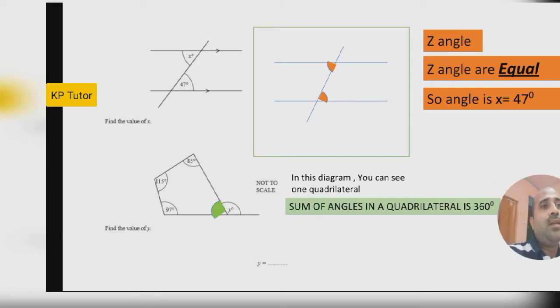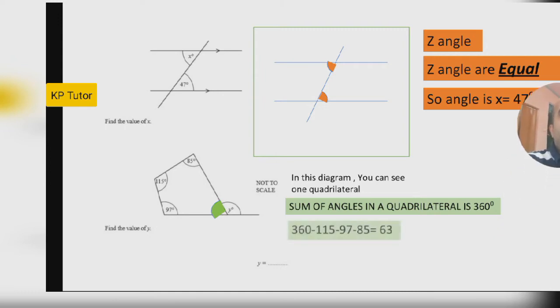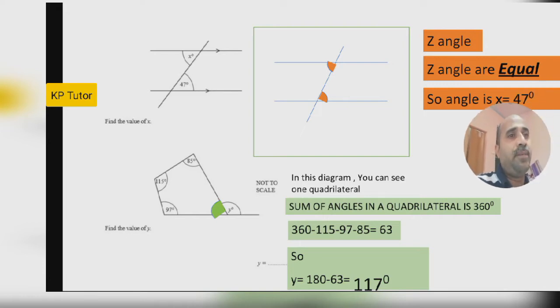Then what is the answer? 360 minus the given 3 angles gives the fourth angle, that means 63. Next, think about the straight line. 180 minus the given 63 is equal to 117. So the answer y is equal to 117 degrees.